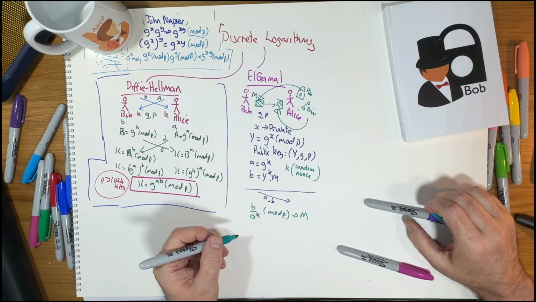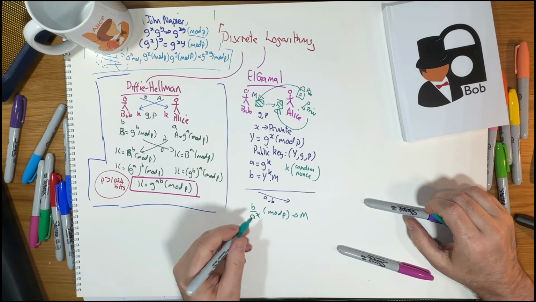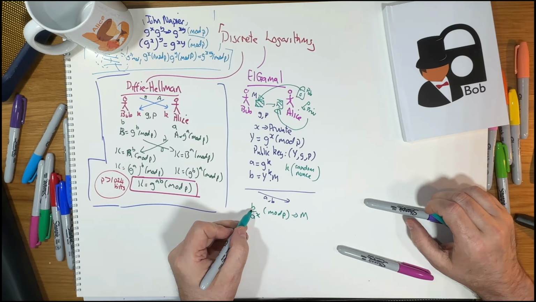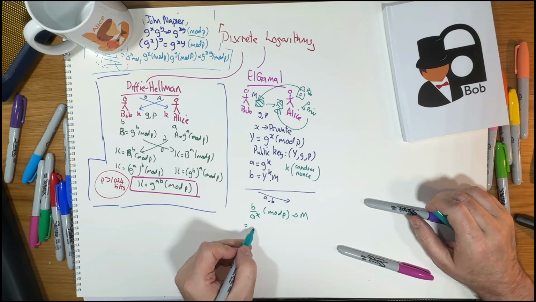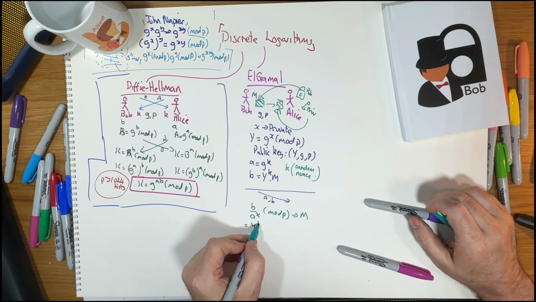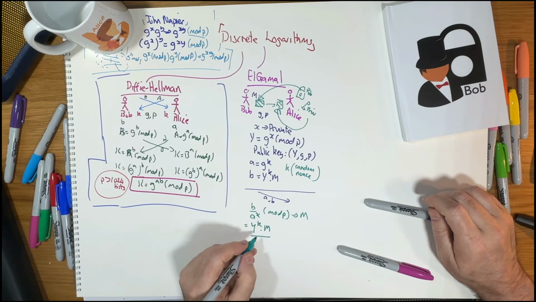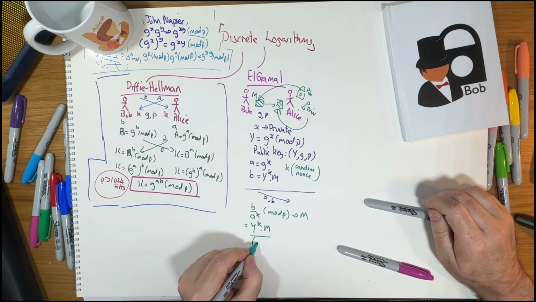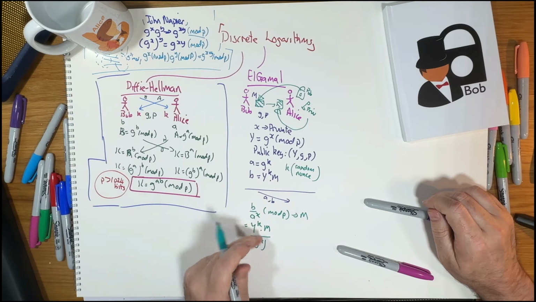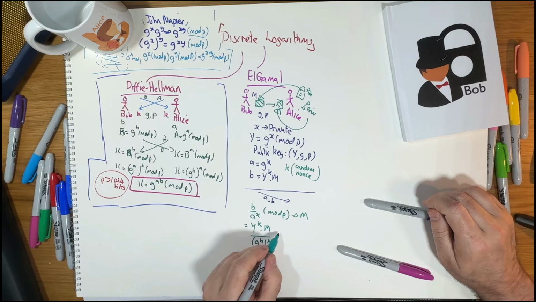So how does that actually work? Well, if we take that, then the value of b is y to the power of k times the message divided by a. So a is g to the power of k to the power of x.